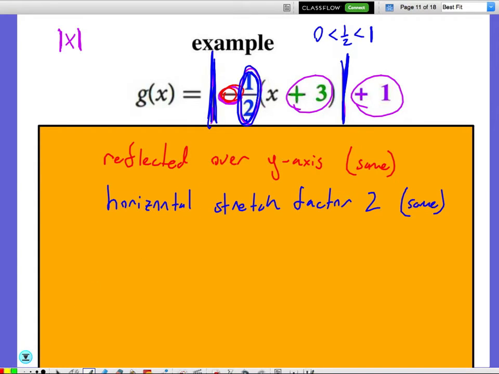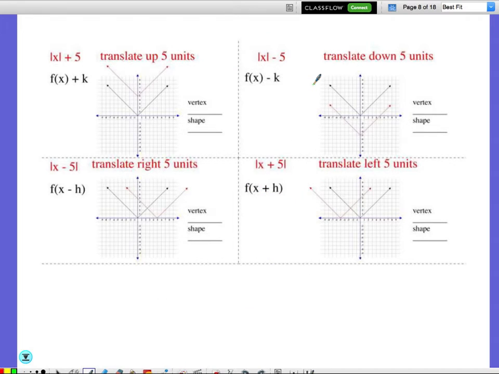Alright, the next thing I want to do is look at this +3. Now we are adding 3 inside the absolute value, so we need to look for a transformation that adds 3 inside the absolute value. Here it is.